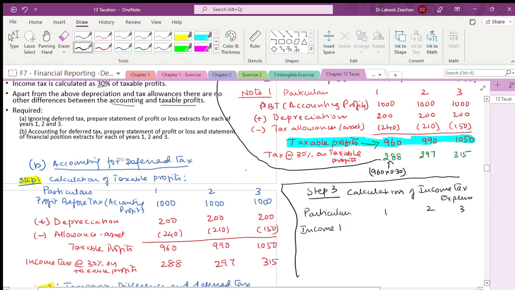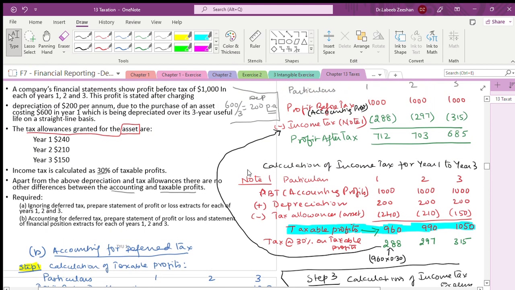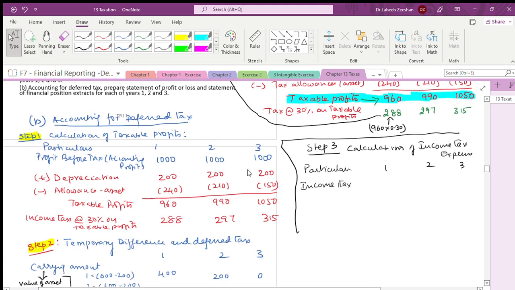Now how much income tax are we paying? Income tax as per step 1, you take this one only. How much are you paying? 288, 297 and 315.